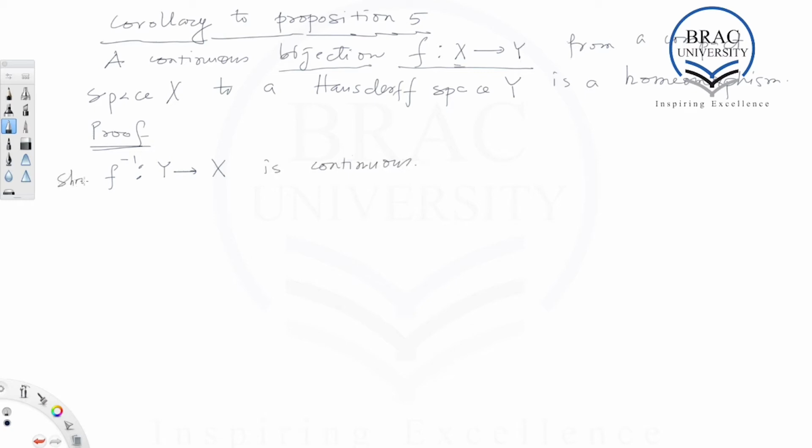Show. Then we'll be done. Okay, so we know that for a continuous map, the inverse image of a closed set is a closed set.